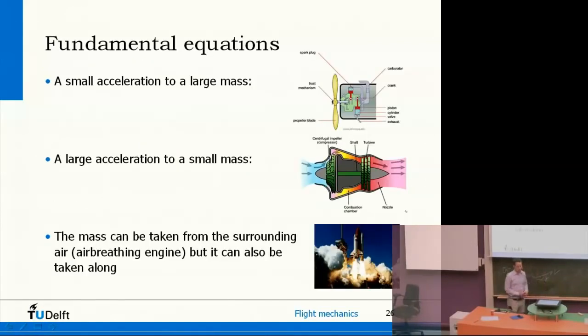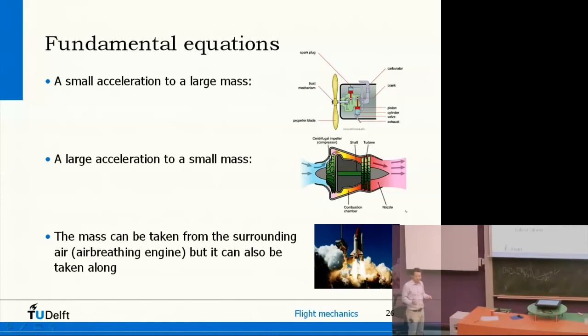Now, just to give you some examples, on the top here you see a propeller with a simple combustion engine like you have in general aviation aircraft. And that propeller is actually accelerating a large mass of air just a little bit. If you compare that to a jet engine, you know a jet engine makes a lot of noise, and that's basically because the air at the exit has a very large velocity.